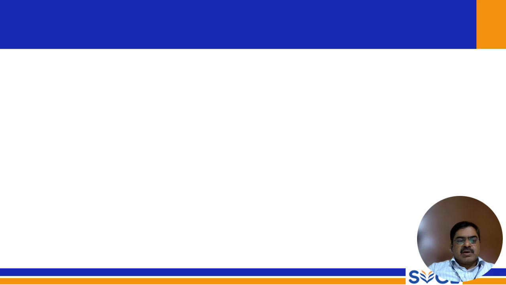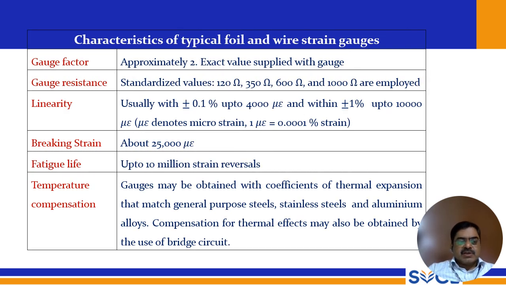These are the advantages, and these are the three types of wire strain gauges, and we are now seeing the different characteristics, or we can say properties as well. Gauge factor, gauge resistance, linearity, breaking strain, fatigue life. You have temperature compensation, which is also required.